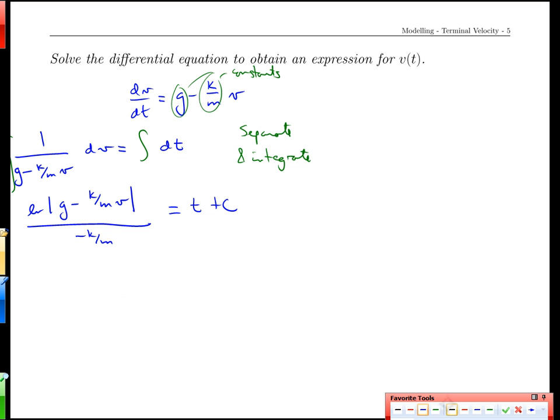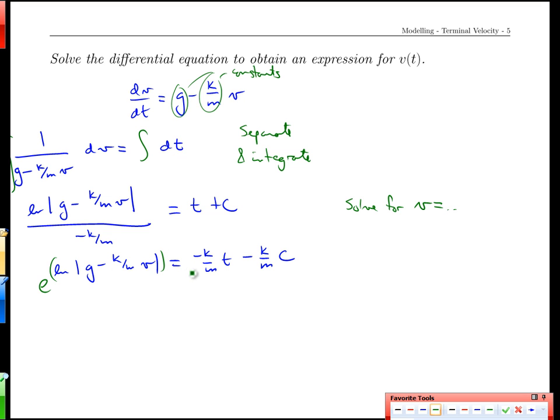All right. Next, we're going to have to solve for v, because we want to know how fast am I going at what time, given all the parameters in the model. Let's get rid of the k over m, bring it up. So we'll have negative k over m t minus k over m c, and next step to get to the velocity is to exponentiate.